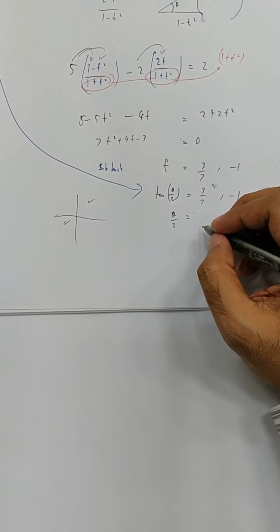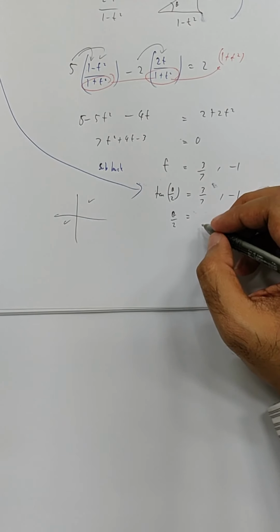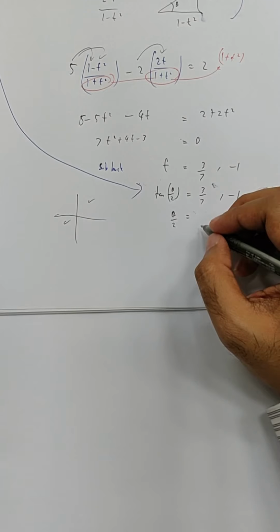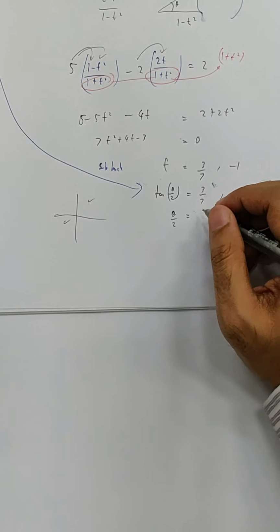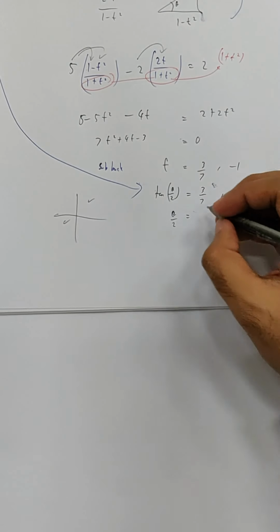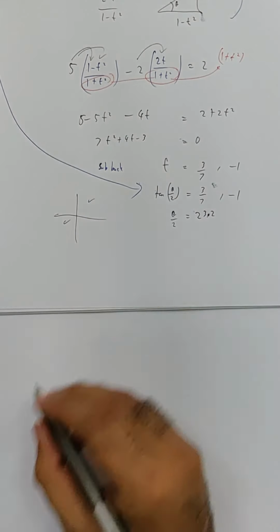Okay, can someone please tell me? How much? Louder please, I cannot hear you. Come again? 23.2, sorry, will be in the first quadrant.